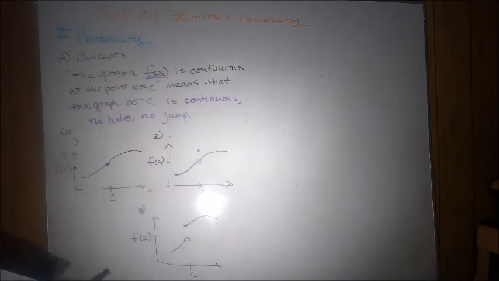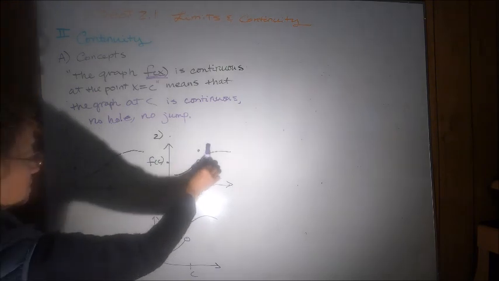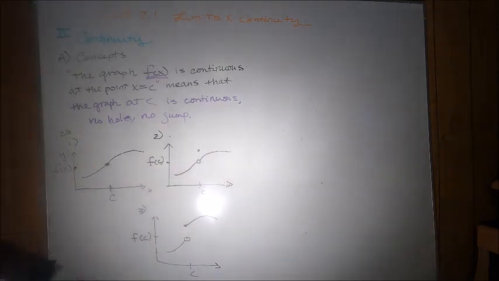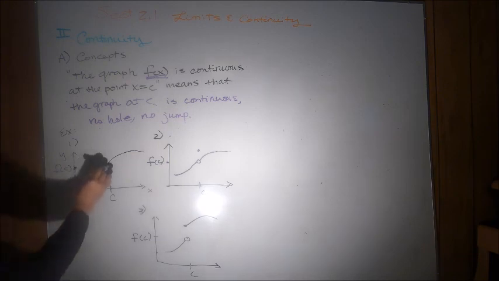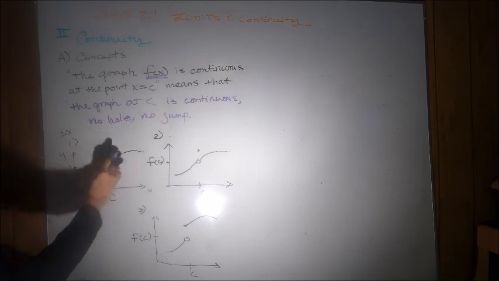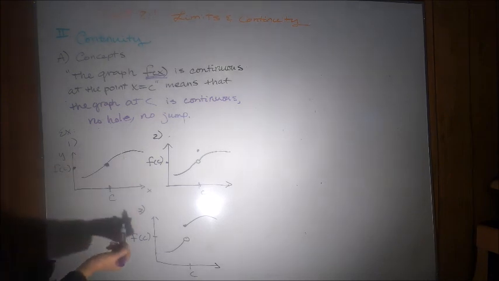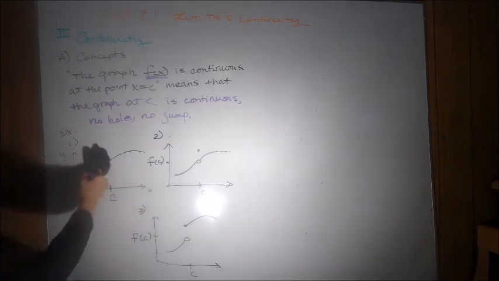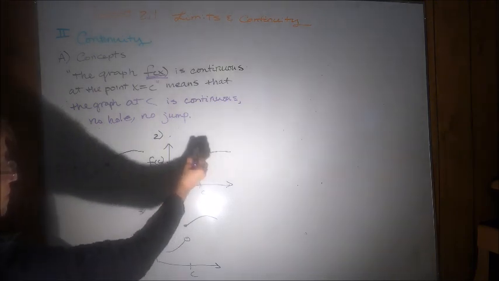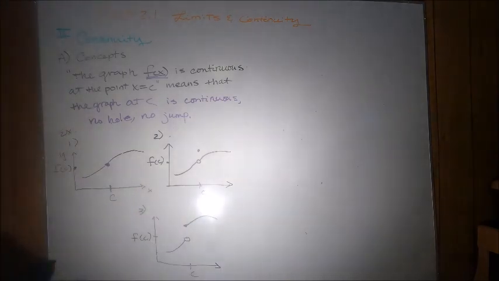So we look at the graphs. Take a look, 3 graphs. Is this a function? Yes. Is this a function? Yes. All of them are functions. For this one, at this point the graph continues. For this one, at c it jumped and came back and went again.